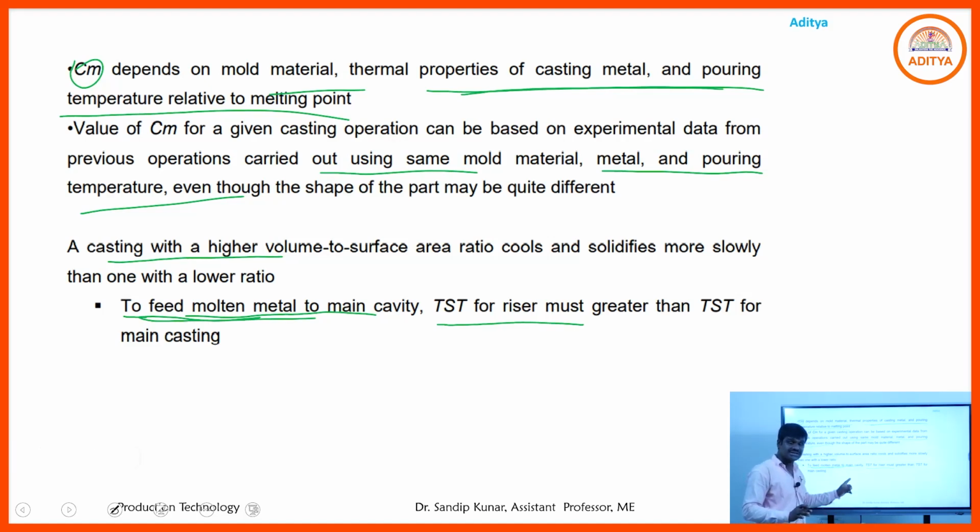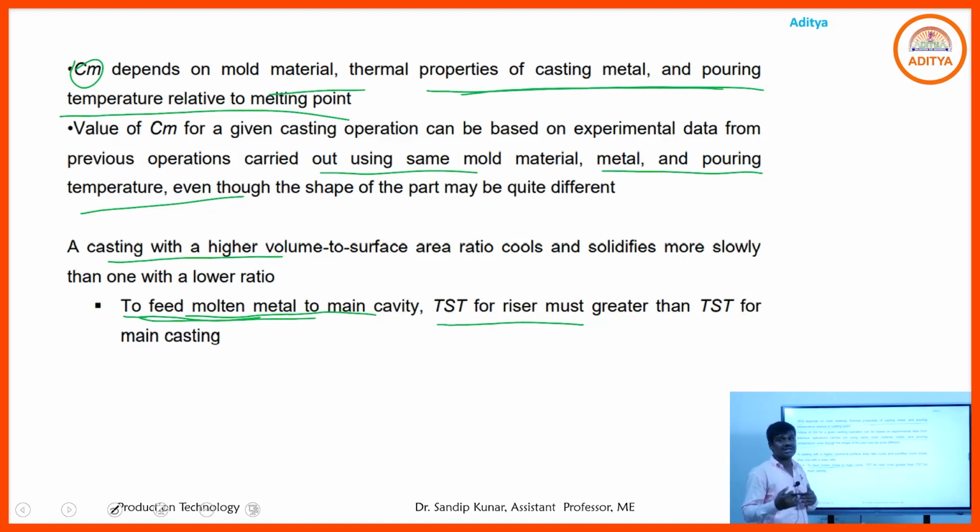Then the solidification starts, and after solidification in the mold cavity, a void will be created, meaning shrinkage will be created. After creation of the shrinkage, the molten metal comes from the riser, enters the mold cavity, and is converted into solidified product. Then solidification takes place in the riser.